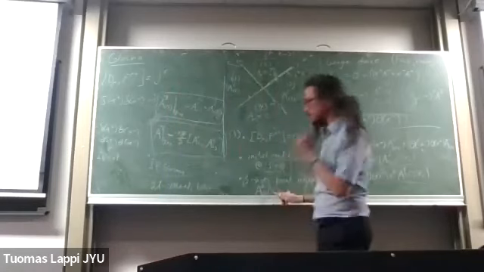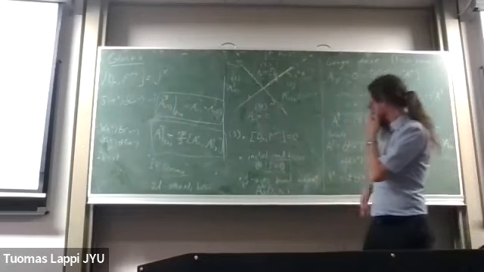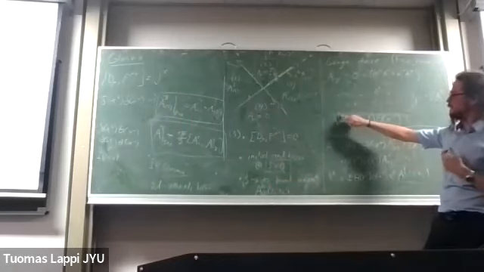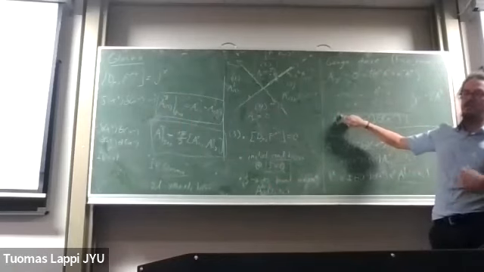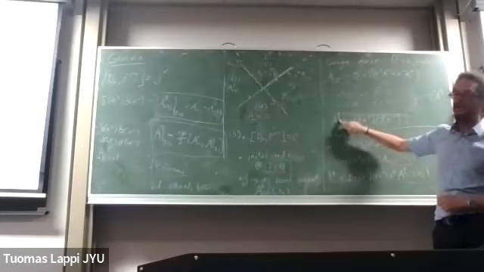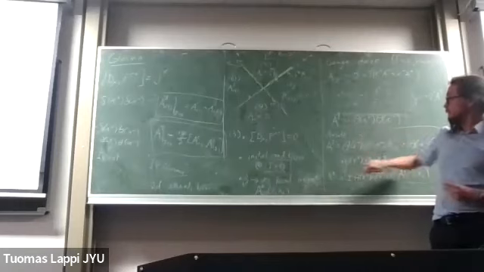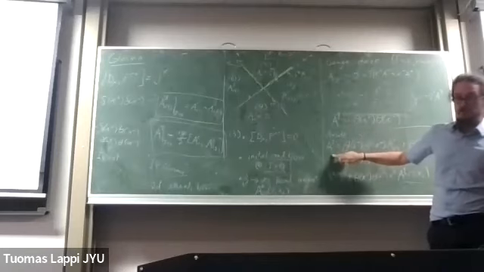Because you dimensionally reduce to these boost invariant coordinates, if you want to maintain boost invariance, you're not allowed to make eta dependent gauge transformations that would break boost invariance. This means that A eta becomes an adjoint representation scalar field. The transverse components are just transverse gauge fields.